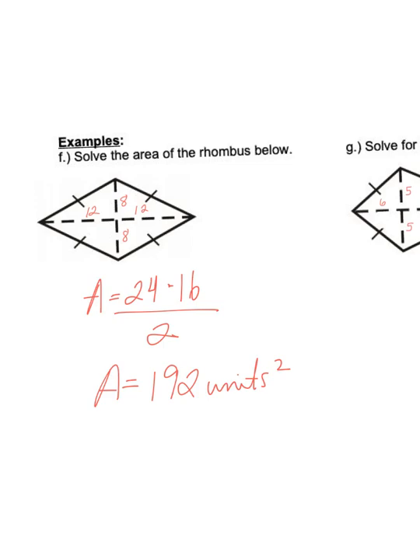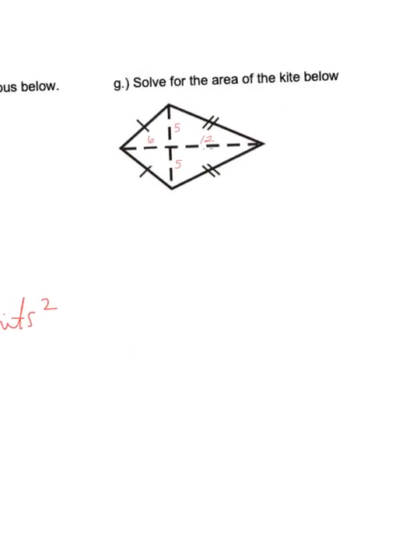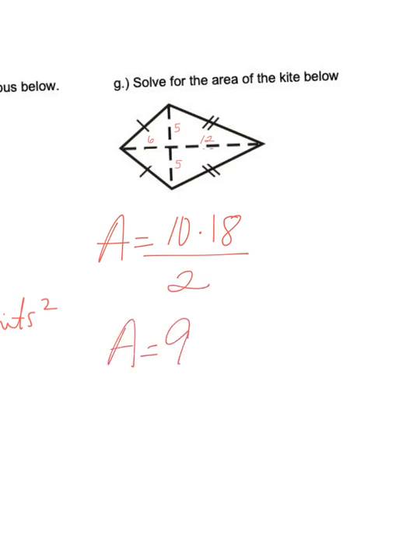Piece of cake, right? For this kite, again, A equals my shorter diagonal, which is 10, times my longer diagonal, which is 18. Divide that by 2. I get an area of 90 units squared.